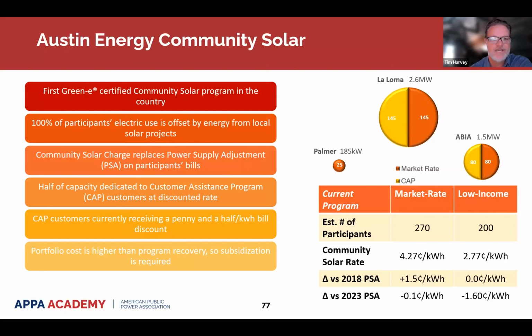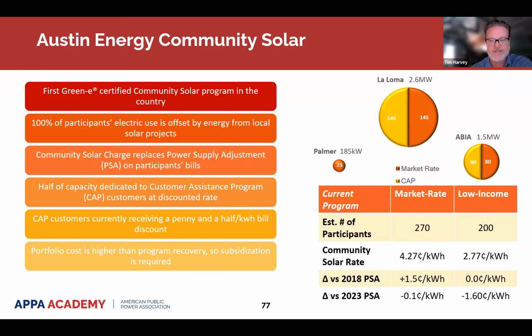Our program offsets 100% of the participants' usage. We don't have any other options right now for that. Either you're enrolled to green up 100% of your consumption or not. And as I mentioned before, the community solar adjustment replaces the power supply adjustment, and it's fixed for 15 years. Half of the capacity is dedicated to CAP.